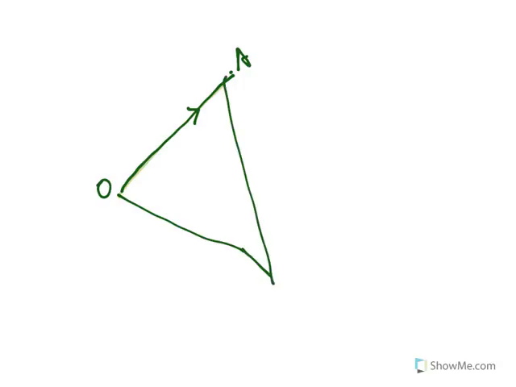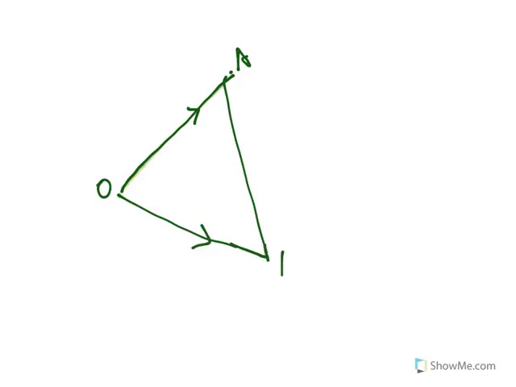Next, we try to form our ratio. If we were to draw it out, this would be A, this would be O, and we have a triangle. Sorry for the drawing.